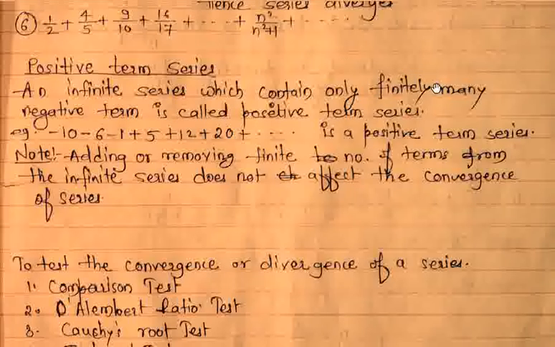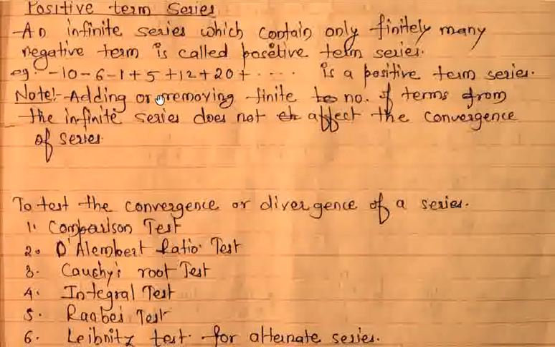So only a limited amount of negative terms. So it is called a positive term series. Why is it positive? Because if it's going on forever and you have a limited number of negative ones, then you're going to have a certain number of positive ones. Okay, overall you'll have a positive. So that's why it's a positive term series. Adding or removing a finite number of terms from an infinite series does not affect the convergence of the series.